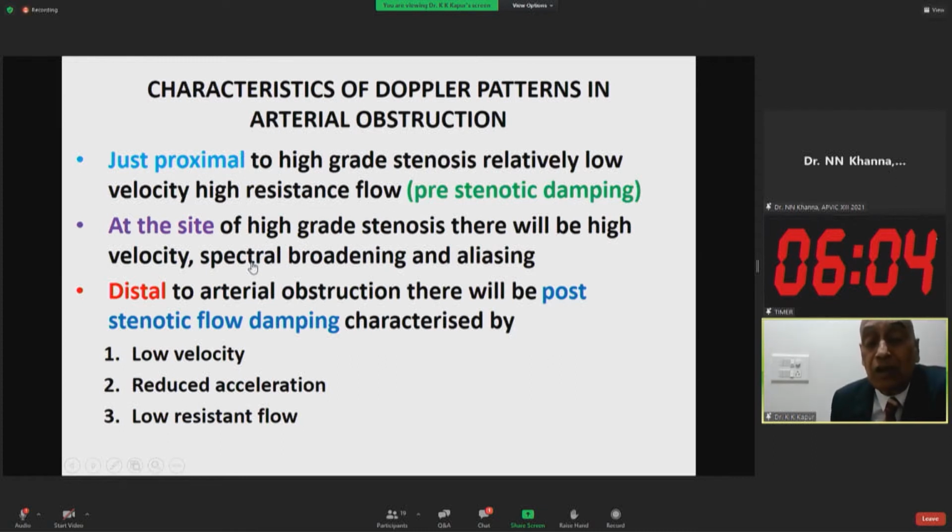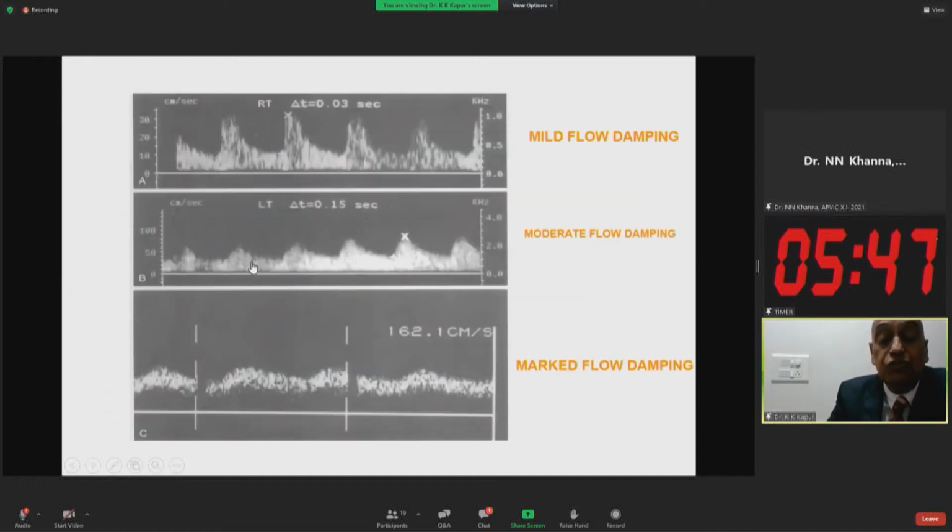At the site of the high grade narrowing, there will be high velocity, spectral broadening and aliasing, and distal to the arterial obstruction, there will be a post-stenotic flow damping, which is characterized by low velocity, reduced acceleration, and a low resistance flow. So you can see that on the top panel you have a mild flow damping, on the middle panel a moderate flow damping, and on the lower panel a marked flow damping.